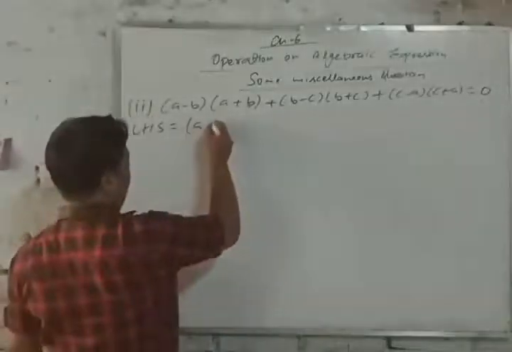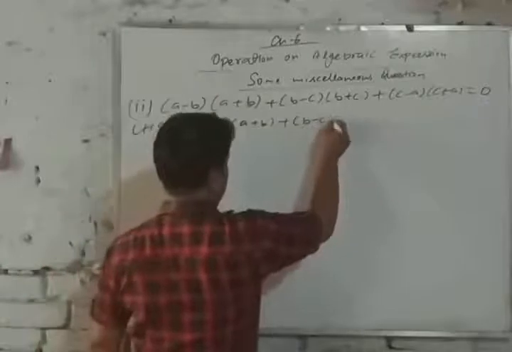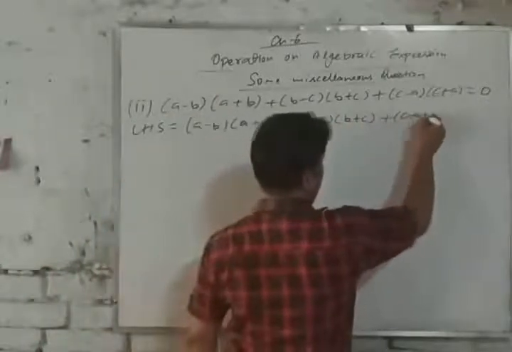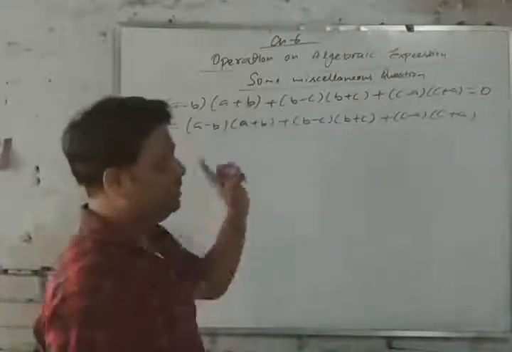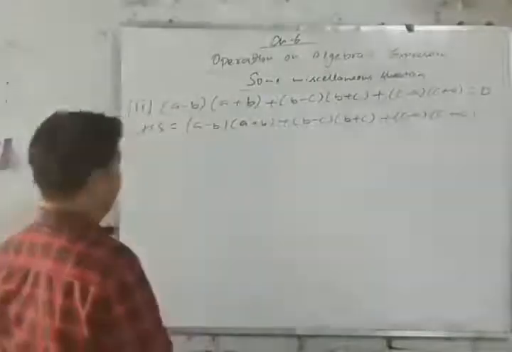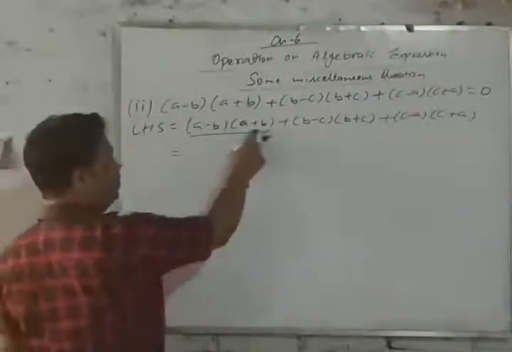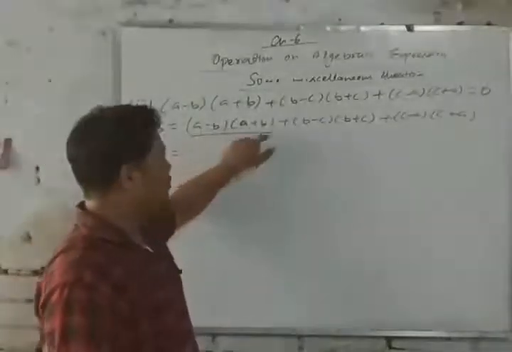Now A minus B, A plus B minus C, then B plus C minus A and C plus A. We will not write is equal to 0 because it is in RHS. Okay. Now here we can say that these two are binomial, and product of the binomials is given in the form of a minus b into a plus b.